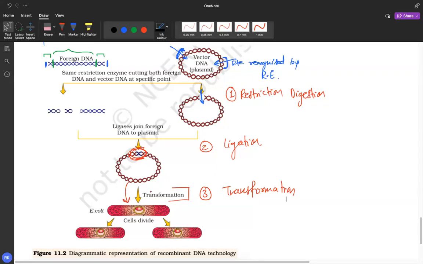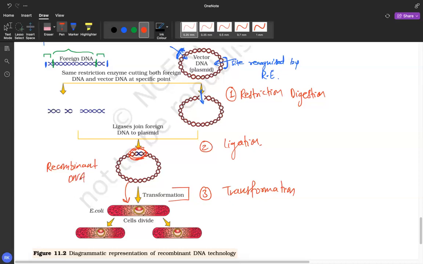And because a plasmid can self-replicate and transcribe and translate independent of the genome of the bacteria, it will behave like an independent mini genome and will produce more and more proteins that I have sent into the bacteria. The bacteria does not naturally or natively make those proteins. So this process is called transformation because we have transformed the bacterial cell by inserting inside it a recombinant DNA.